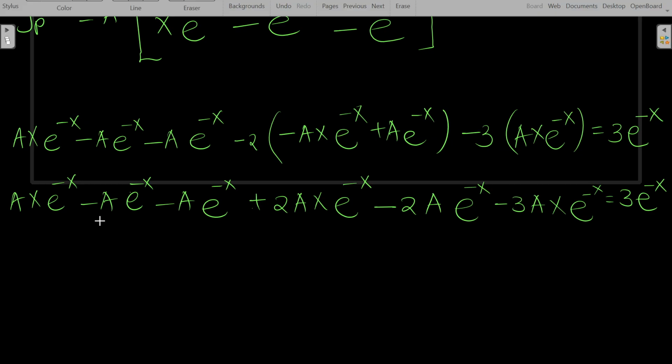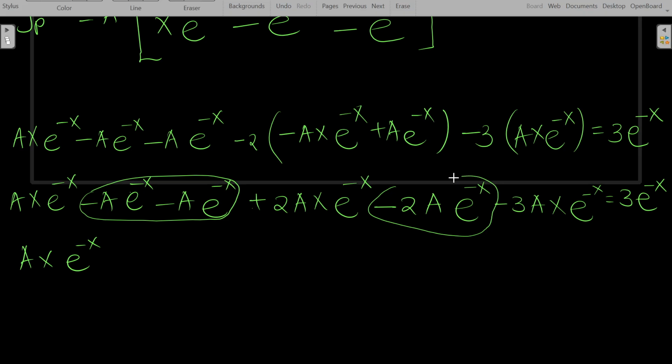As you can see, if I add these, and also I add these, I'll get negative 4a e raised to negative x.